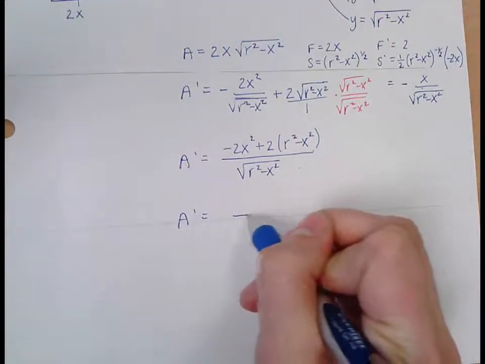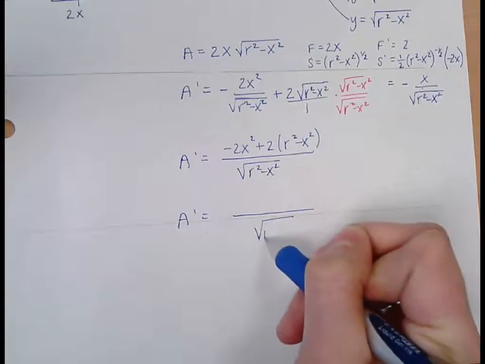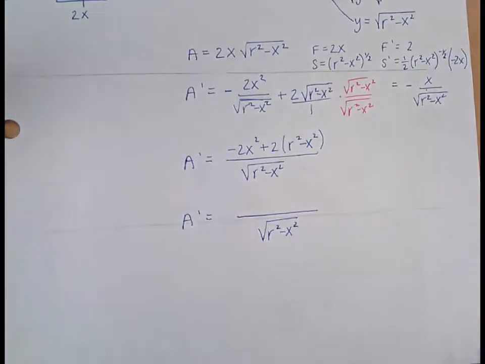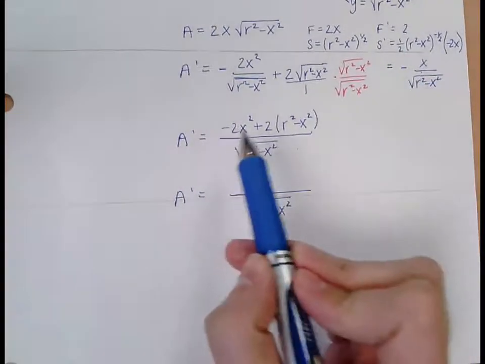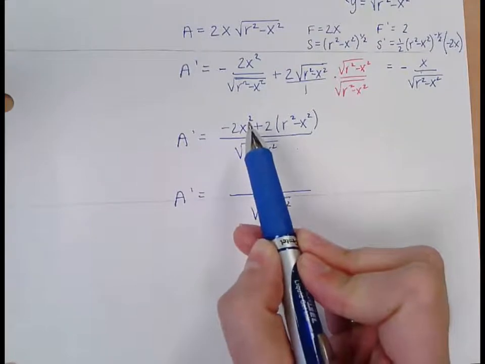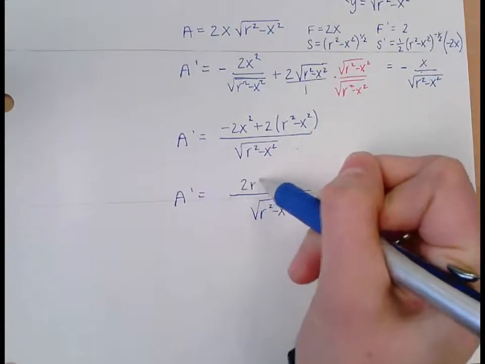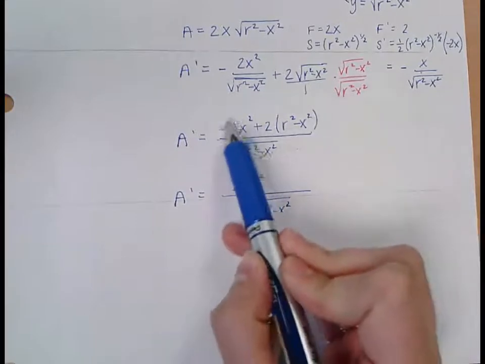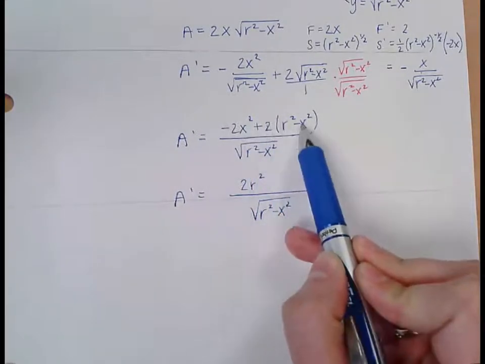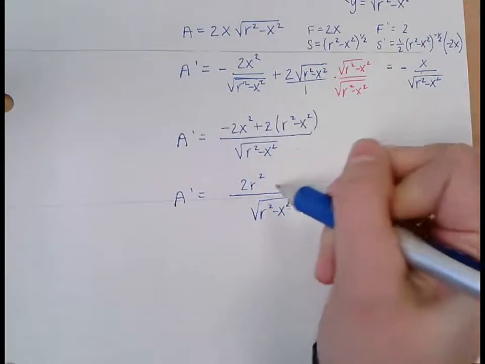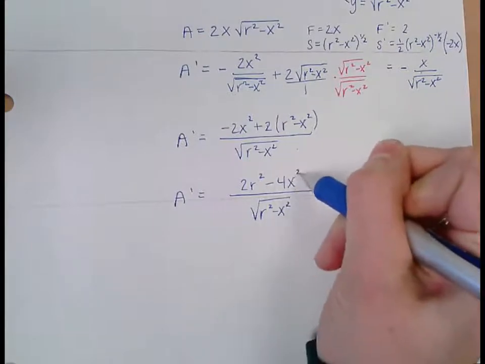So I'll simplify that in one more step, still have the square root of r squared minus x squared. And then on the top, if we distribute that 2, we would have a 2r squared. And then we have negative 2x squared minus another 2x squared, so minus 4x squared.